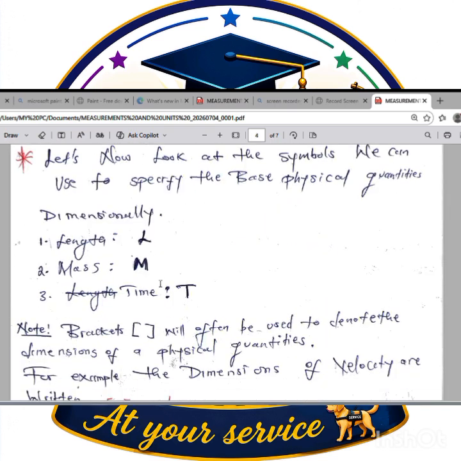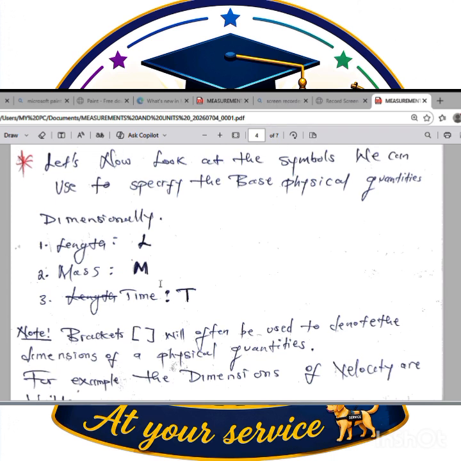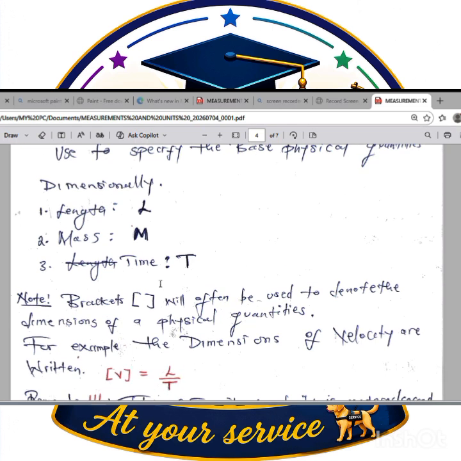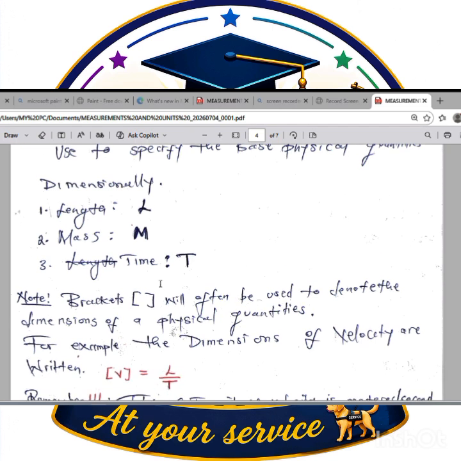Now let's look at the symbols we can use to specify the base physical quantities. Dimensionally, we express these base physical quantities using symbols.